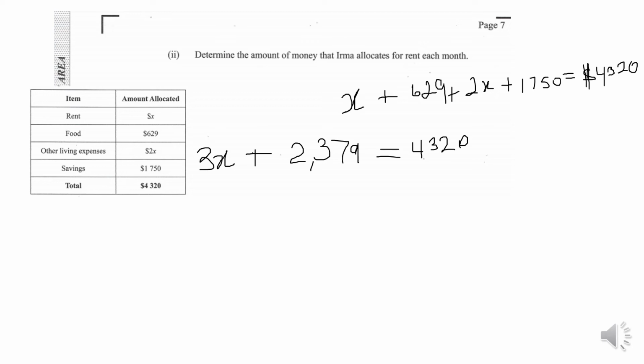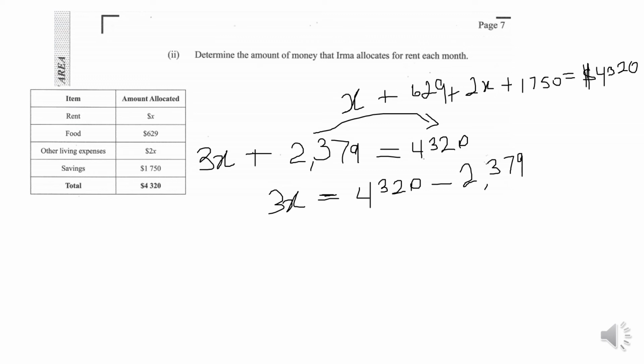What are we going to do? Leave everything that is X on one side and take everything that is not to the other side. So now I have 3X is equal to 4,320. This positive 2,379 goes to the other side and becomes negative 2,379.